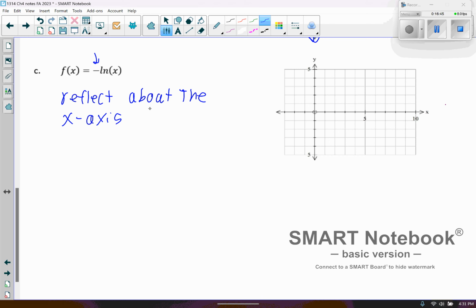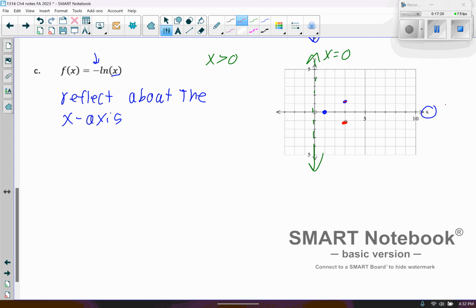And so here we are. So, oh yeah, domain. Let's go ahead and get that out of the way. So x is greater than 0. That's pretty simple. So that's where my vertical asymptote is going to be, at x equals 0. So my first point was right here at (1, 0), and then the other one's at (3, 1.1). Well, my first point's actually on the line of reflection, which was the x-axis, so that first point stays put. The second point will reflect across down below right here at (3, negative 1.1).